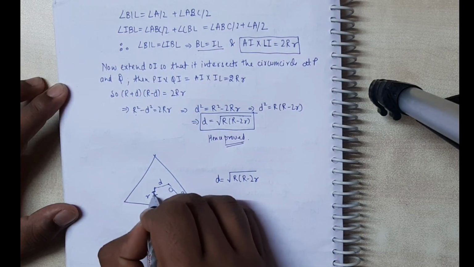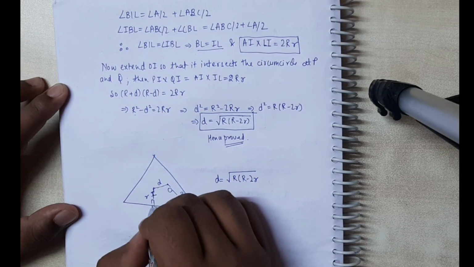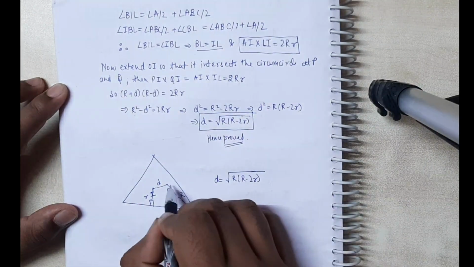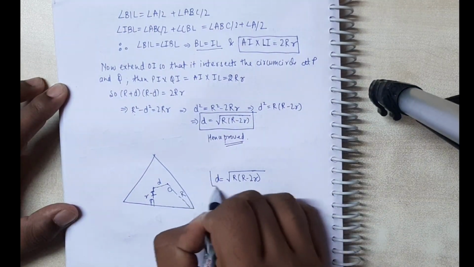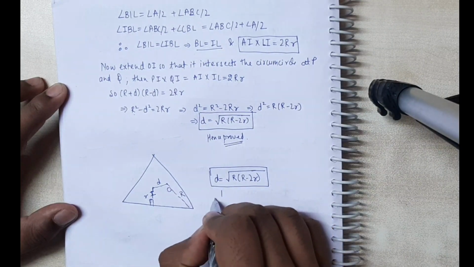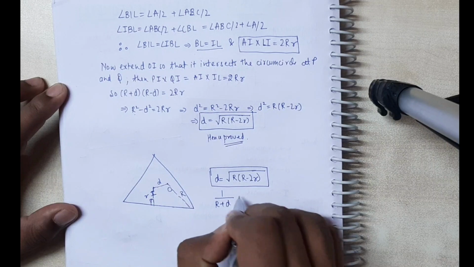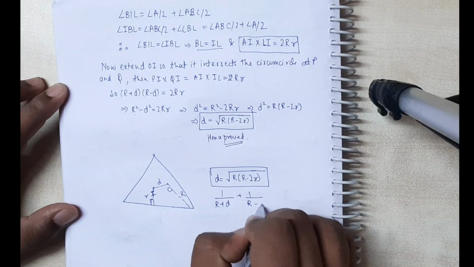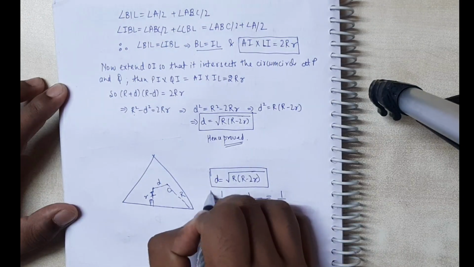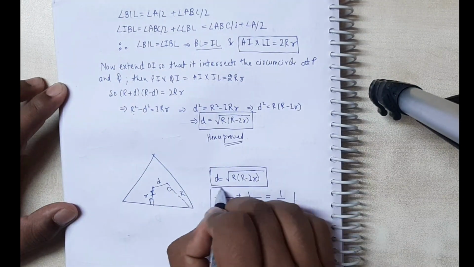If this is point I, this is the inradius and this is the circumradius. So according to Euler's theorem, we get this expression, and if we simplify it, then we get this expression. These two expressions are worth remembering, and this theorem is very helpful while solving questions related to geometry.